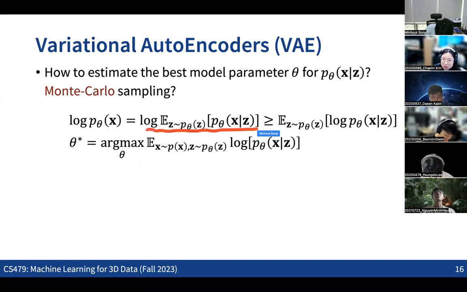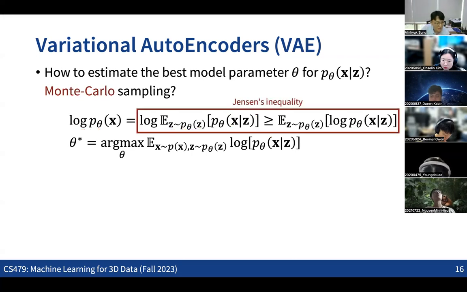If we want to compute the log of the probability of each data sample, then we can take the expected value of this conditional probability, given the samples from the unit Gaussian, and take the log of that.